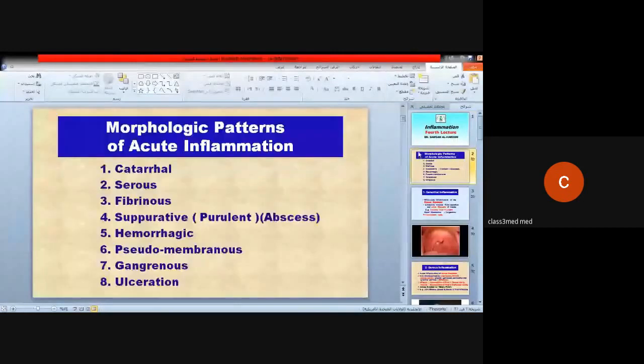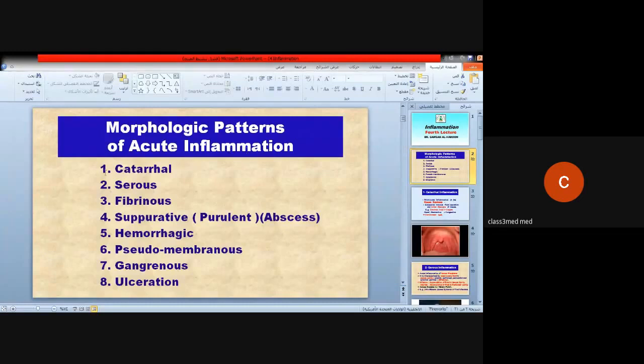The morphologic pattern of acute inflammation is dependent on the causative agent and the particular tissue which is involved. All these modify the morphologic pattern of acute inflammation and may suggest the underlying cause from the examination of the inflamed tissue.